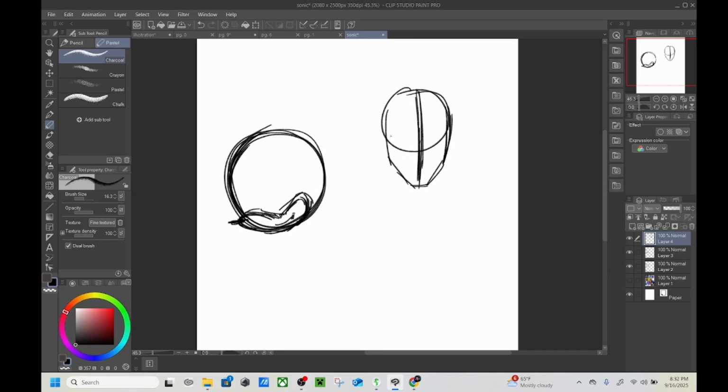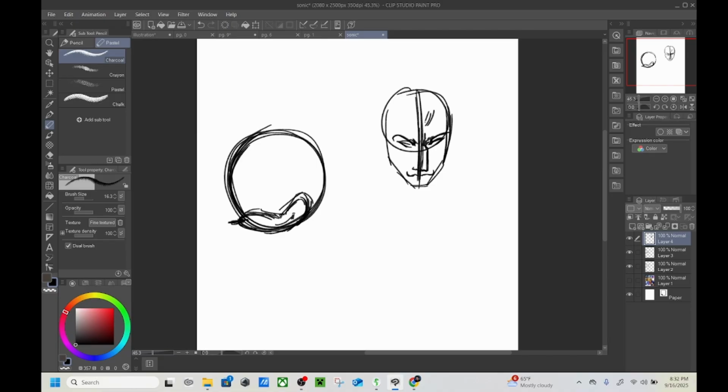And one really big determining factor for me in determining the rest of the structure of the face, when I'm drawing people anyway, is where the tip of the nose is going to be, like where the bridge of the nose is really, and that'll help me determine where my eyes go, and then how long the nose happens to be helps to determine where the mouth is, and you can just expand from there.